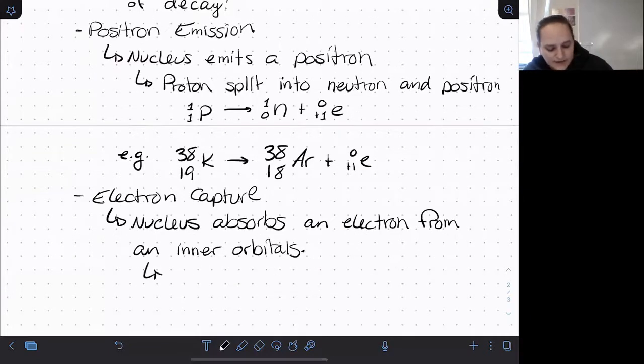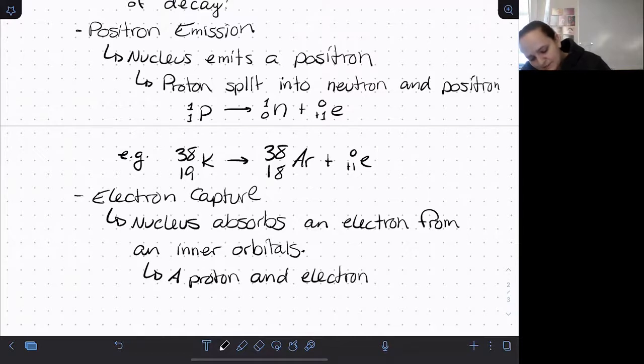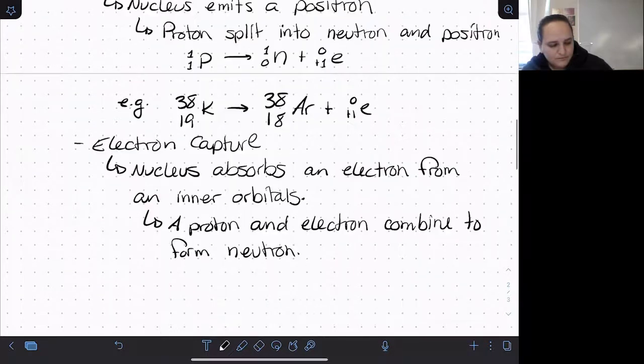And in this case, once again, we've got subatomic particles sort of changing types because that electron can't stay as an electron in the nucleus. What's actually going to happen is that a proton and that electron combine to form a neutron.